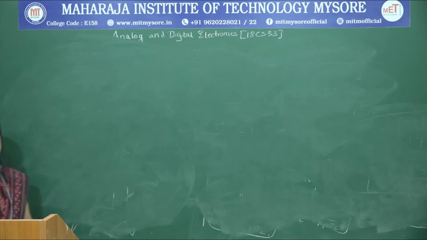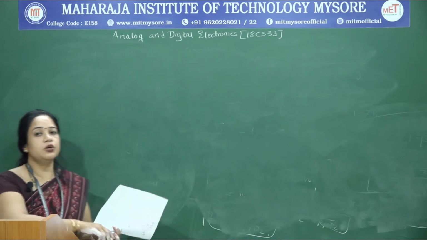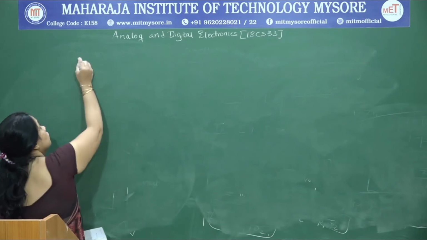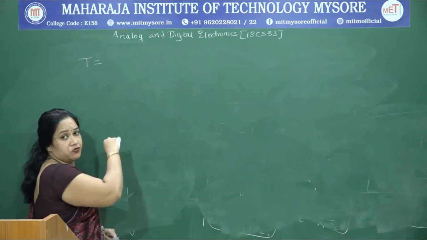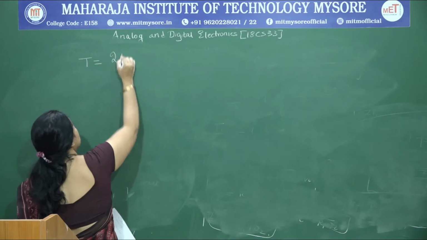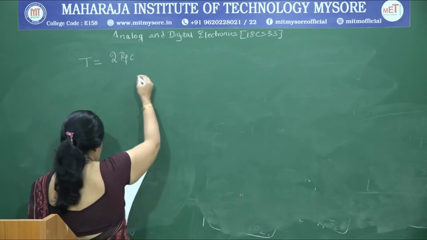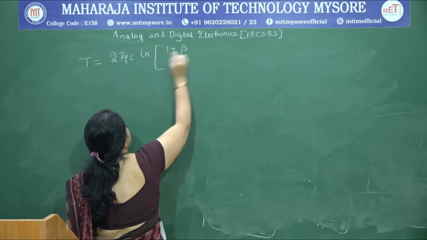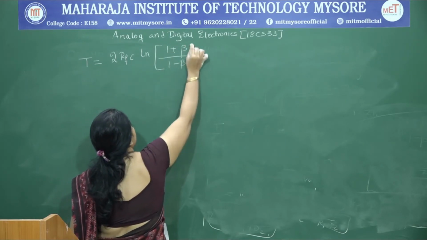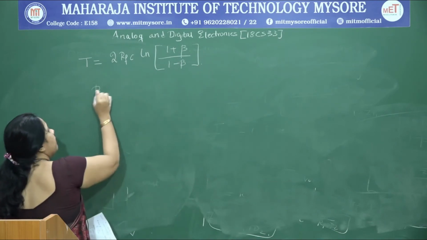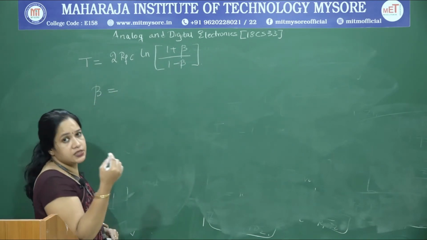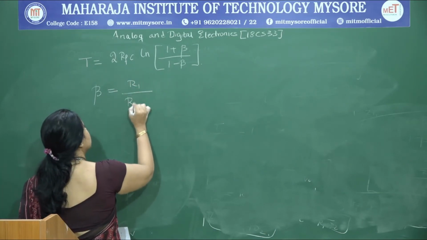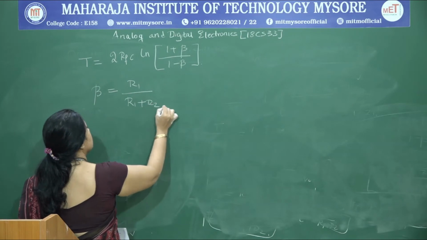So, now we will look into the design of a relaxation oscillator. We have just arrived at an expression for the time period, which is 2RfC logarithmic of 1 plus beta by 1 minus beta, where beta is the feedback factor which depends on the resistances used in the feedback network, so it is R1 by R1 plus R2.